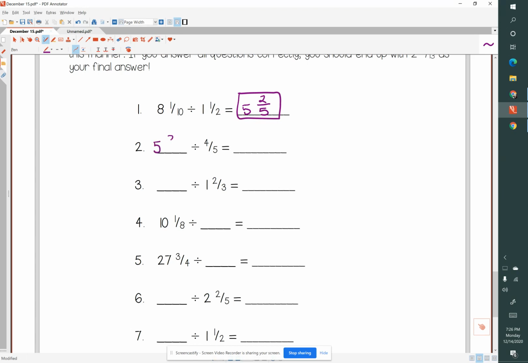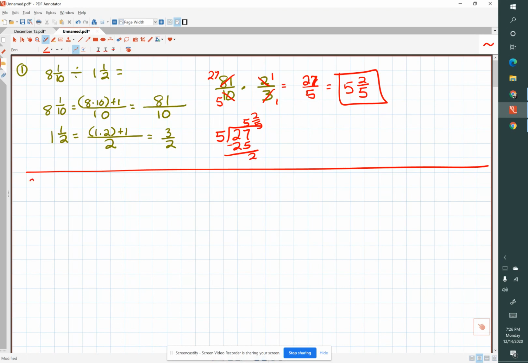That goes here. And we'll work the second problem. Now this 5 2/5, we already know from the first problem, is 27/5.